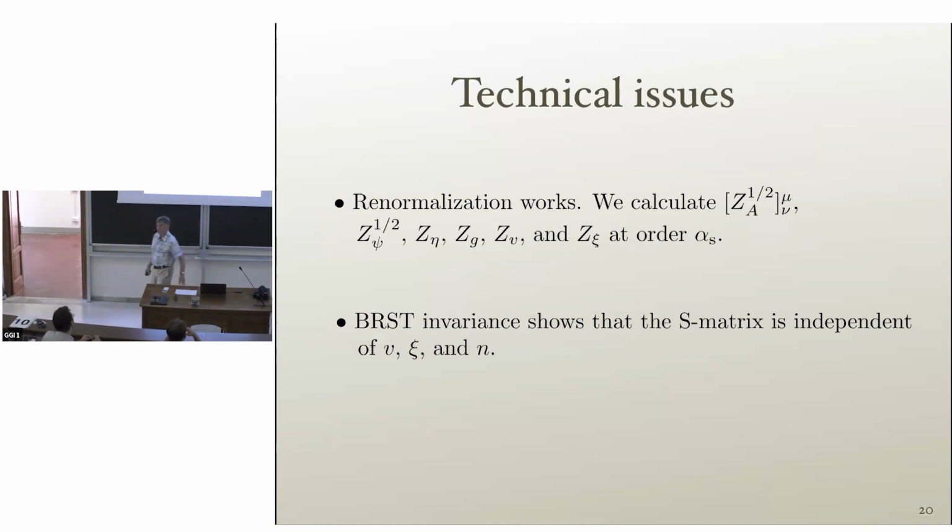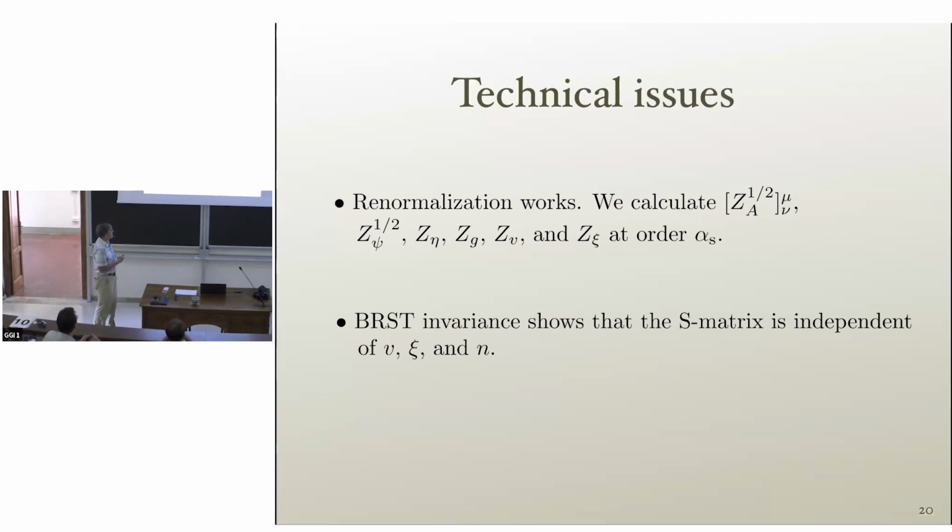Okay, and I can just mention some technical issues. Renormalization works. Well, these authors claimed all orders it works, but we wanted to be sure by calculating. So there's a renormalization. It's a tensor for the field A because A is a 4-vector and it's not all covariant.